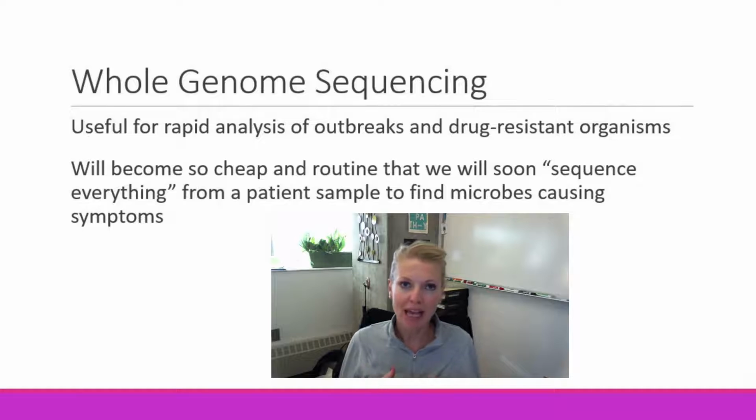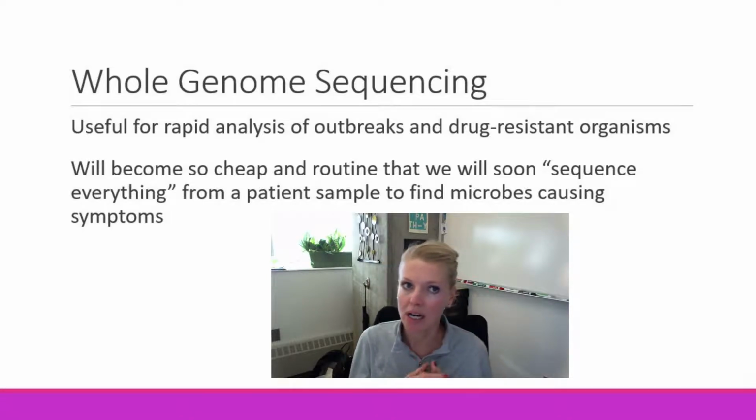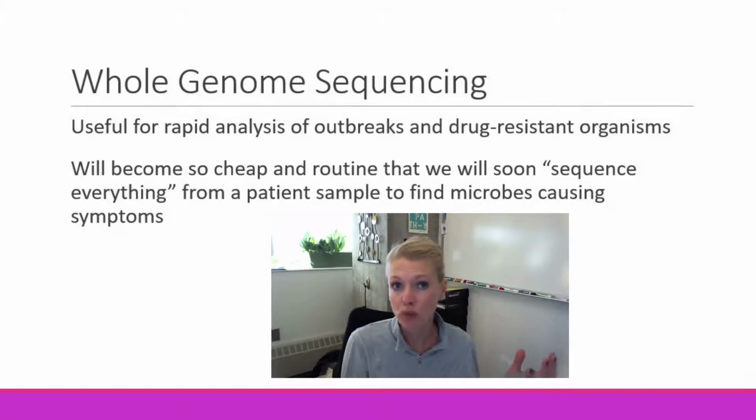For example, if we have an E. coli outbreak, any patients that test positive for E. coli would have those cells sequenced, their entire genome sequenced, and you would look for matches across patients, because if two different patients have E. coli with the same genome sequence, that must mean that those two E. coli samples were derived from the same original E. coli, and so you can connect people in an outbreak.